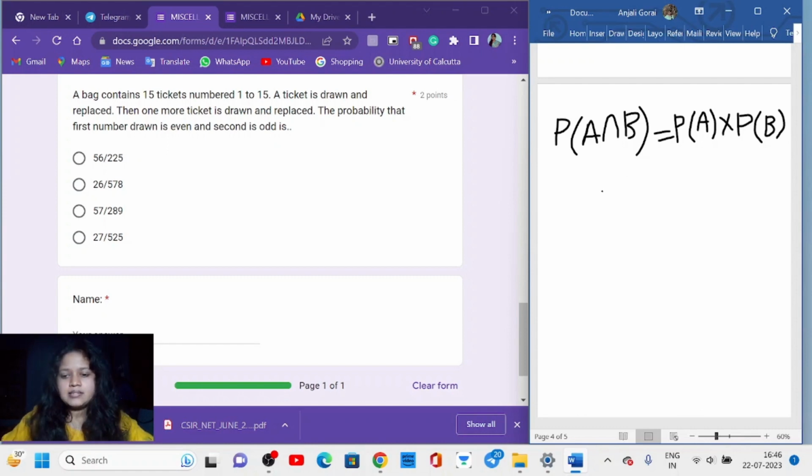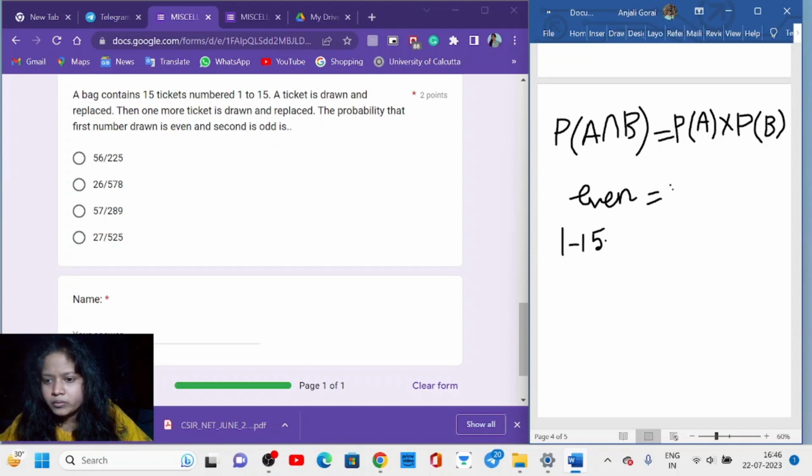So from the question we can say what is odd and what is even, we all know that. The even numbers from 1 to 15 are 2, 4, 6, 8, 10, 12 and 14.